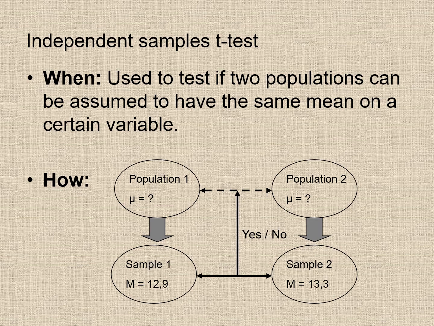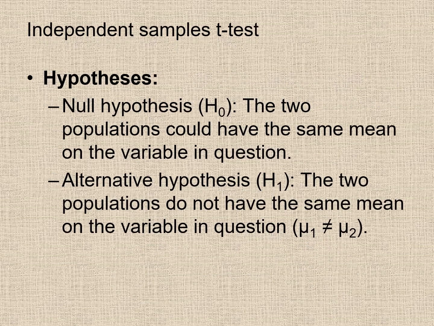However, we're not mainly interested in whether there is a difference between the sample means or not. We want to use these values 12.9 and 13.3 in order to draw a conclusion whether the two populations that the samples are representing can be assumed to have the same mean on this variable. So we do this in the form of hypothesis testing and calculating inferential statistics.